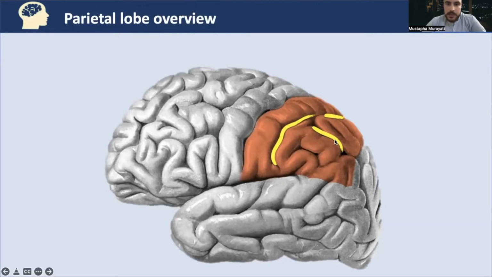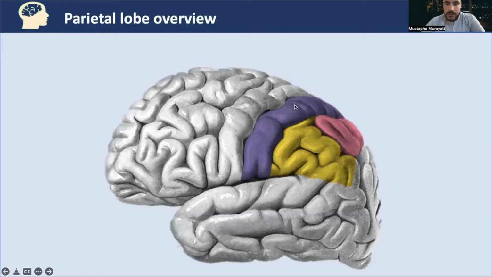It divides the parietal lobe into the superior parietal lobule and inferior parietal lobule. And in the inferior parietal lobule, we have two regions, the supramarginal gyrus and the angular gyrus. Okay. Here, the purple area represents the postcentral gyrus, which is located posterior to the central sulcus.